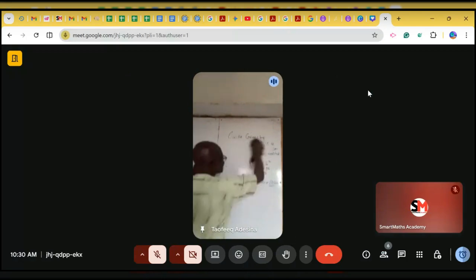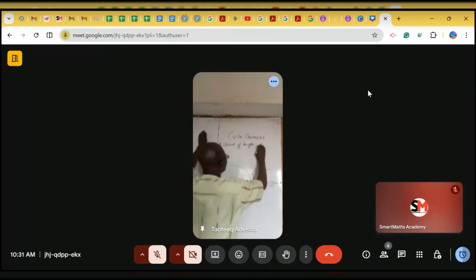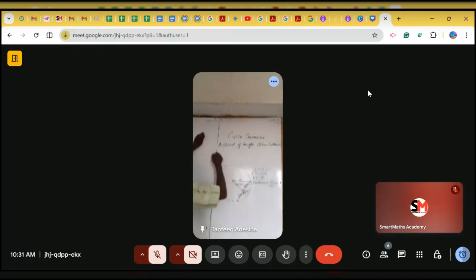So the last example I want to give you on this: an arc of length 12 centimeters subtends an angle theta at the center of the circle.